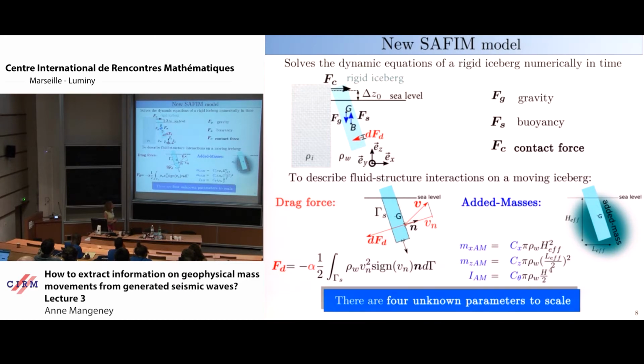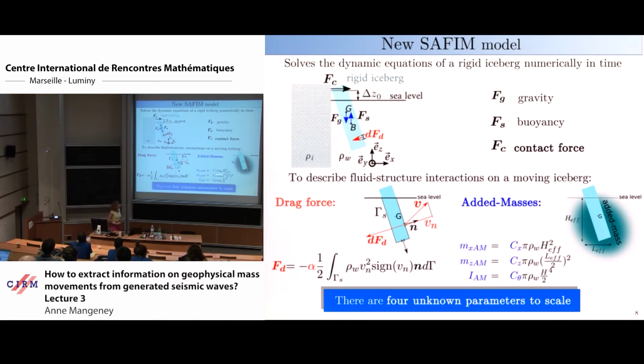So we have the iceberg here, and part of the iceberg is underwater and experiences a friction from water around its border. What is classically done is to assume that this friction force depends on the normal velocity squared. And we integrate the drag force all over the iceberg to have the force that is exerted on it. And this is a drag coefficient alpha that people sometimes change in this kind of model.